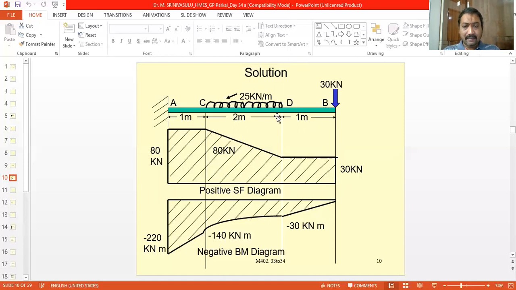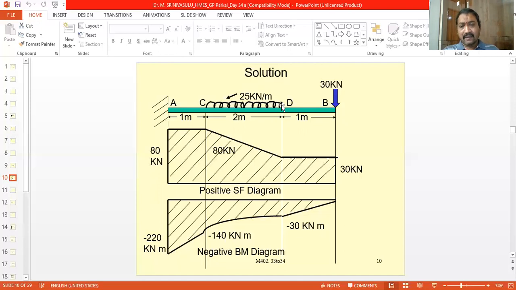Similarly, coming to the point D, between the points B and D there is no other load except this point load. So exactly to the right side of the point D, the total load is only 30 kN. To the left of it onwards it will change.